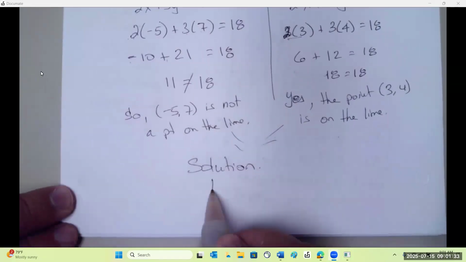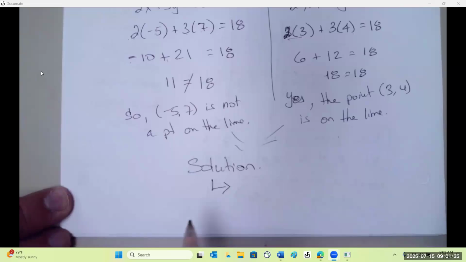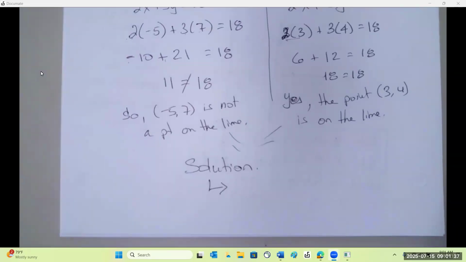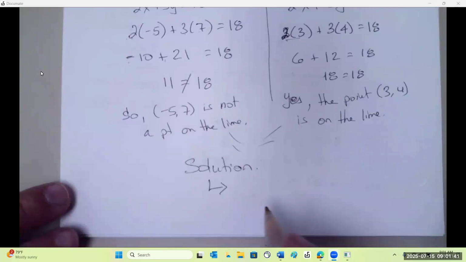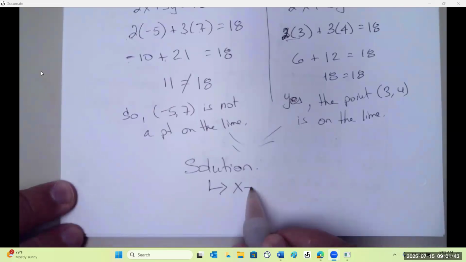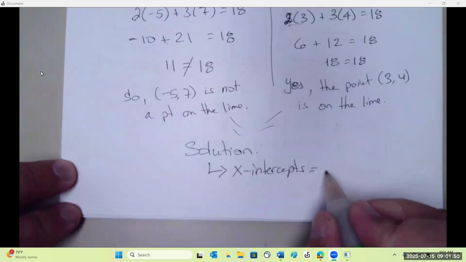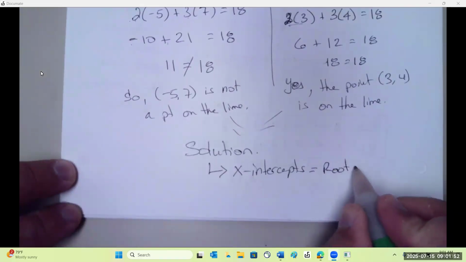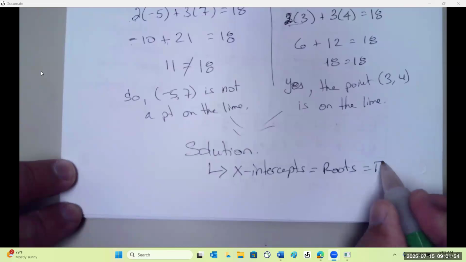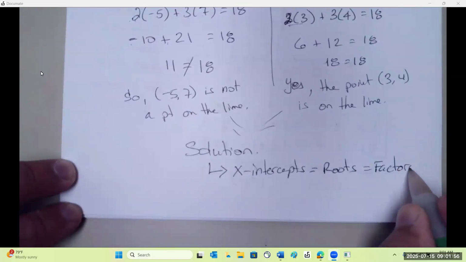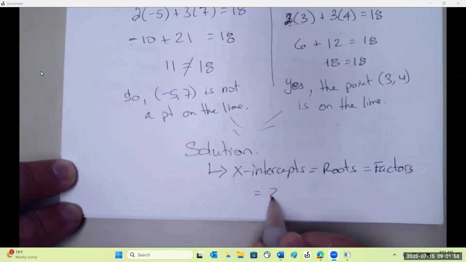Now, in the rest of the course, whenever we talk about the word solution, there are other words that we use in its place. We will talk about x-intercepts, roots, factors, and zeros.